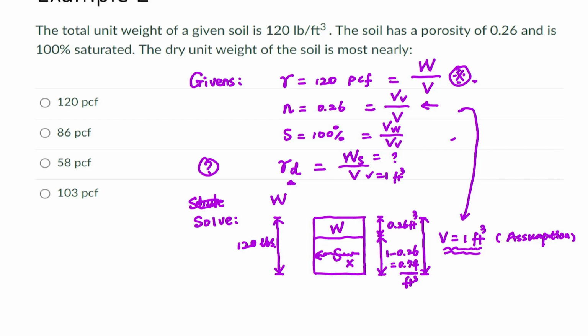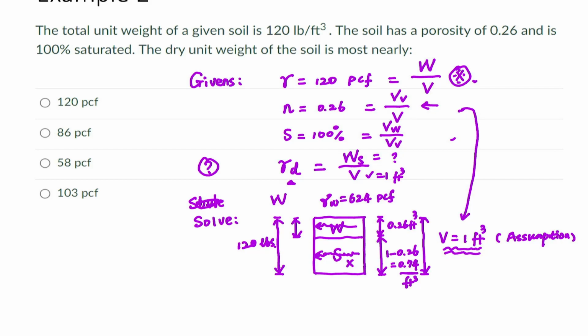But we do know the volume of the water, so we can take advantage of gamma water, which is 62.4 PCF, to come up with the weight of the water. You have 0.26 cubic foot of water, and you know the unit weight of the water is 62.4.